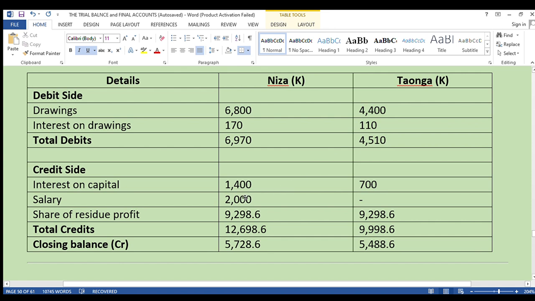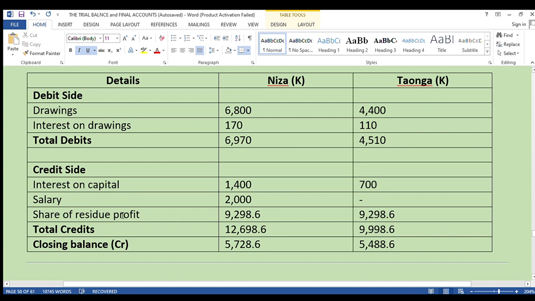Now we go to the credit side for each of the partners. Interest on capital is put on the credit side. The salaries are put on the credit side, and the share of residual profit is put on the credit side.